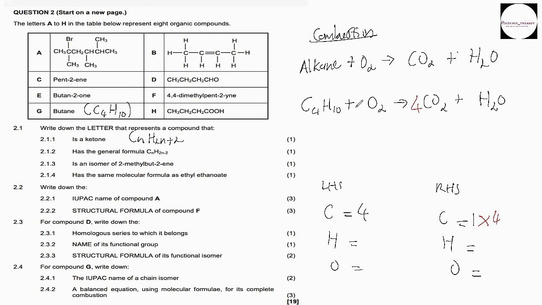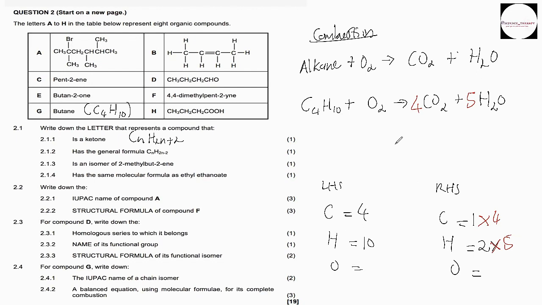Then how many hydrogens do I have on this side? That's 10. And on this side I have 2. But what integer value can I multiply 2 by so that I get 10? It's 5. So I put the 5 just before the H2O there.